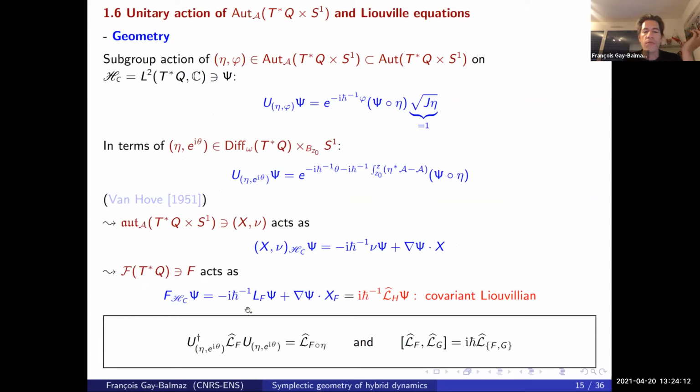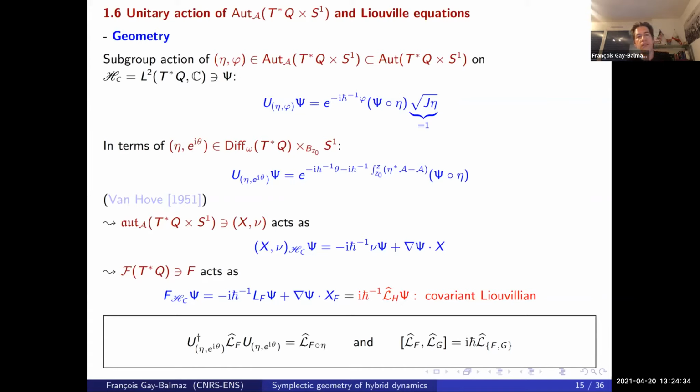Here I wrote down the infinitesimal generator associated to the action of the quantumorphism group. And now we have what we wanted, right? The infinitesimal generator of this action is nothing else than the covariant Liouvillean that appears in the KvH equations.